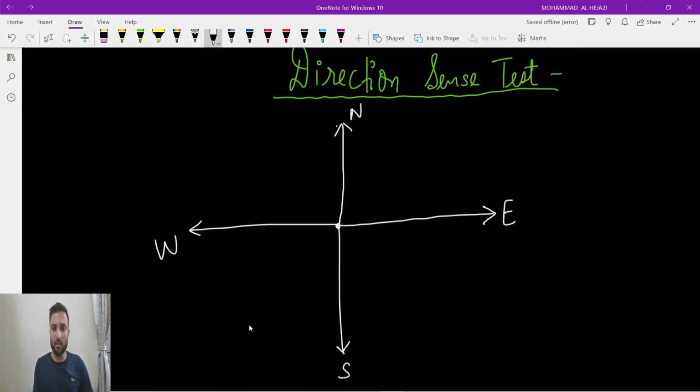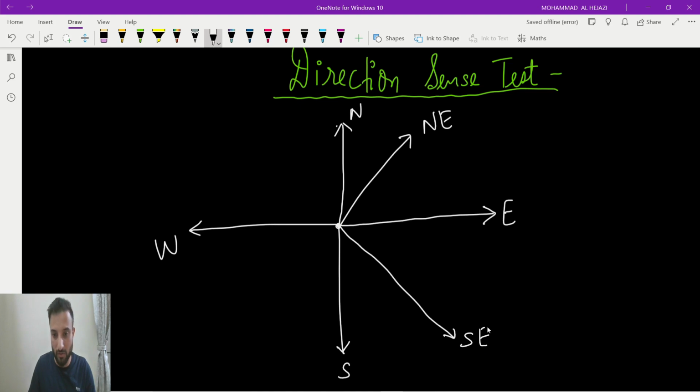Right, these are the directions we know, and a few directions are in between them. Between them is northeast. Then here, between them is southeast. Between them is northwest. And here, between them is southwest.